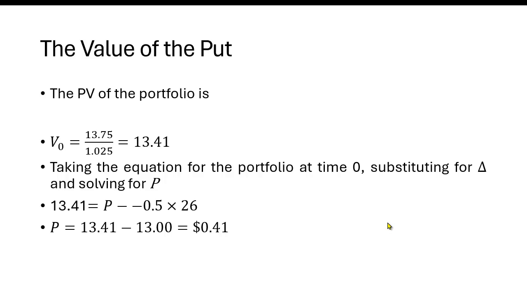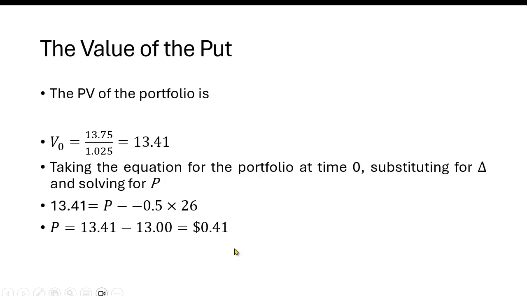So again, there are a couple of ways you can solve for the value of the put. You could solve for the value of the call option and use put-call parity to find the value of the put. And in fact, in the other video I did using the call option pricing model, I used these same numbers, so put-call parity would hold. And I found that, in fact, it did hold.